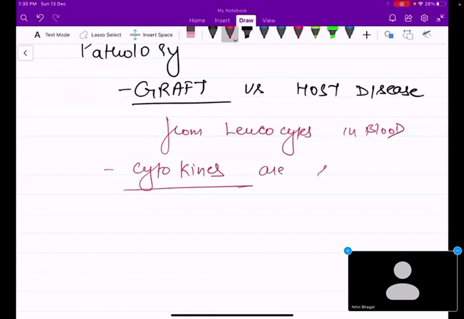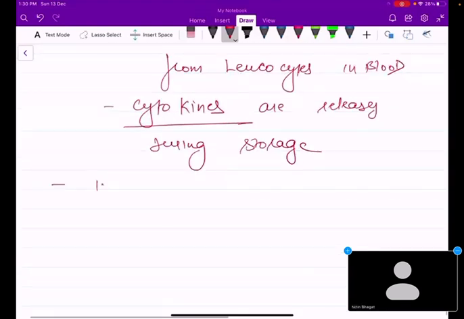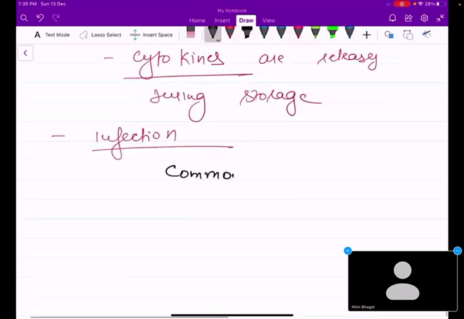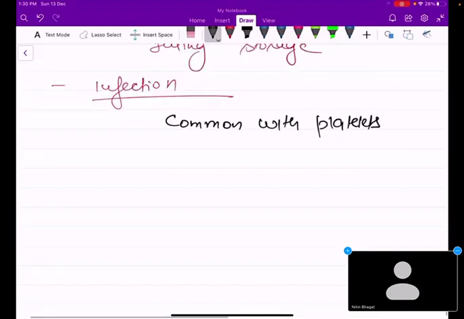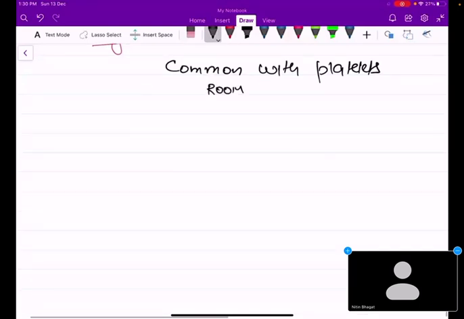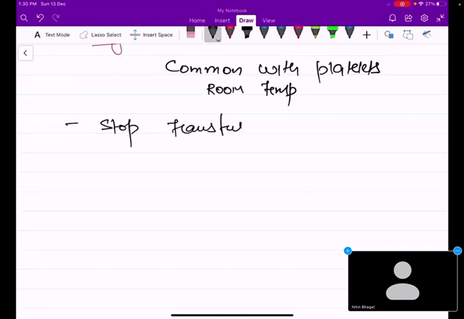So cytokines are released during storage. It can also occur due to infection. That is why it is common with platelets. Why? Because they are stored at room temperature. So what is the treatment? Stop transfusion and give your patient paracetamol. Your patient will be fine in no time.